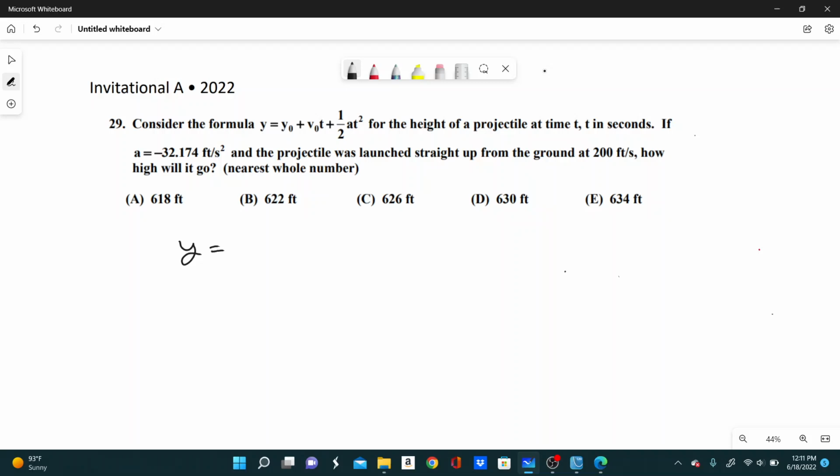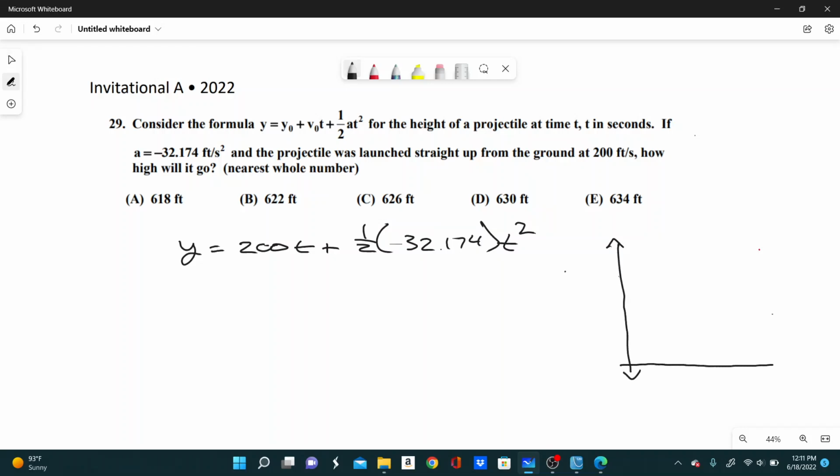Then for v naught t, our initial velocity is 200 feet per second, so we'll have 200 t. And then 1/2, and a, they tell us, is negative 32.174 times t squared.